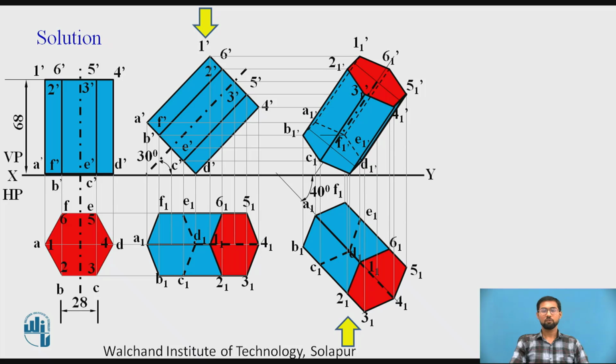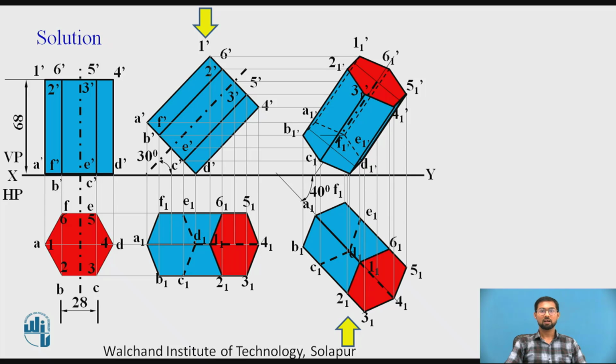And if you observe now, again there are some hidden lines, and from the bottom view, if you visualize, 11, 21, 31, 41, 51, 61 are visible, so they will be darkened lines, and boundary lines are always darkened. Then what are the hidden lines? A1 to 11 will be a hidden line.